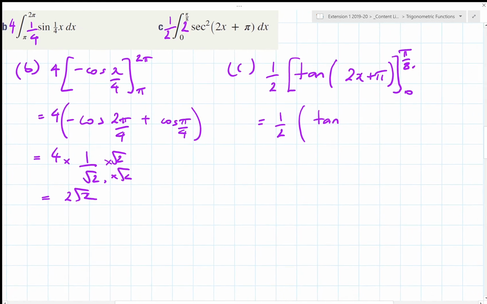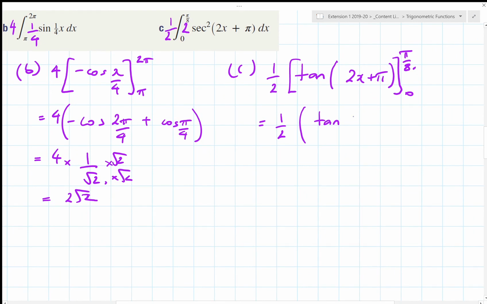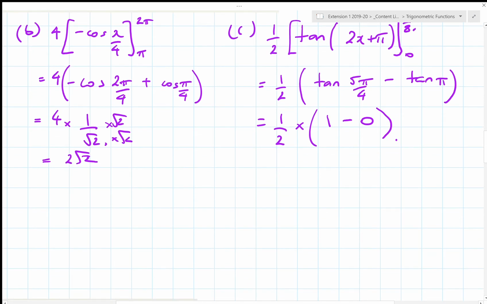So tan pi over 4 plus pi, so that's 5 pi over 4, minus tan 0 plus pi, so tan pi. So tan 5 pi over 4, so that's in the third quadrant, so it's positive, so it's 1, minus tan pi is 0. So we get a half.